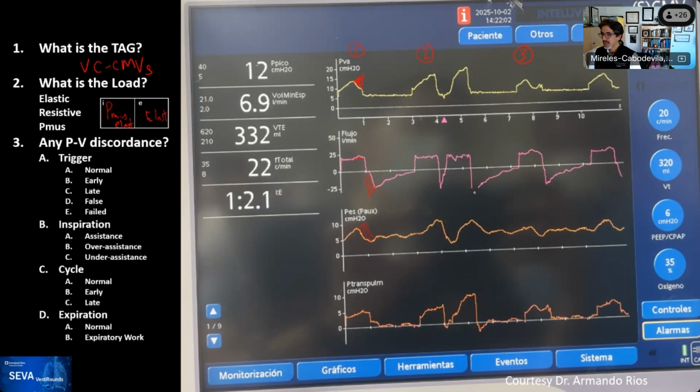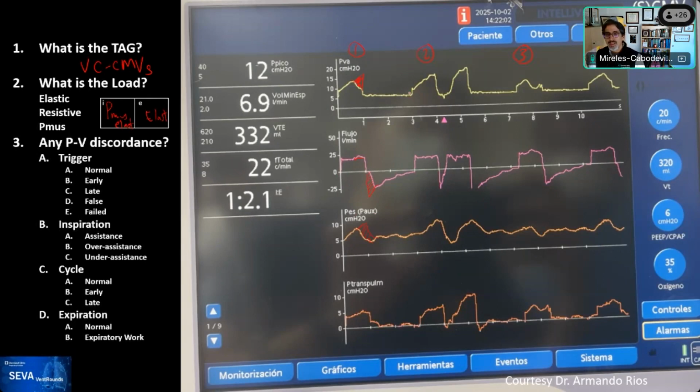And I'll explain in a second, Rowdy. So it's an early trigger, not an early cycle. It looks like an early cycle here, but it's triggered by the machine, so it cannot be an early cycle. It's an early trigger.